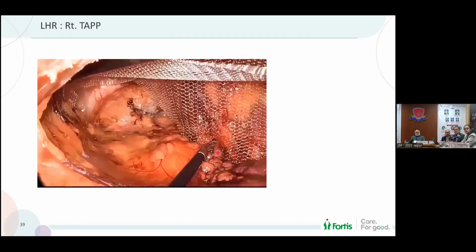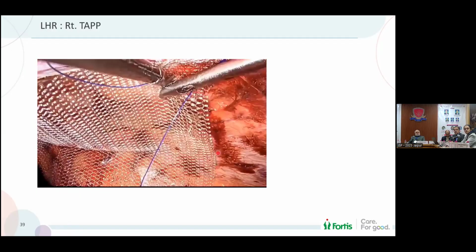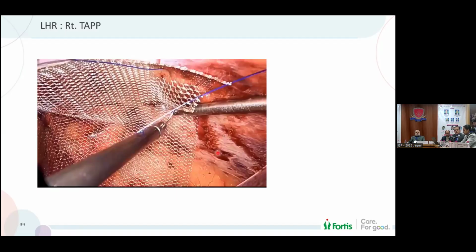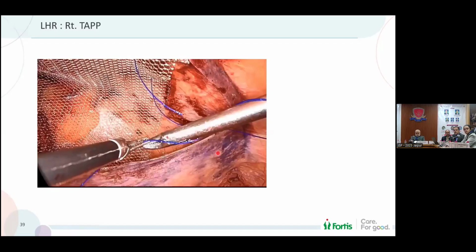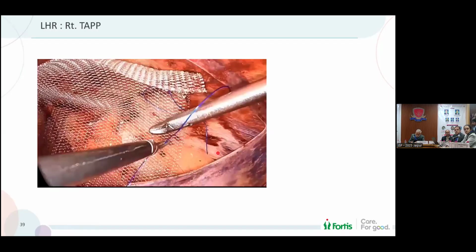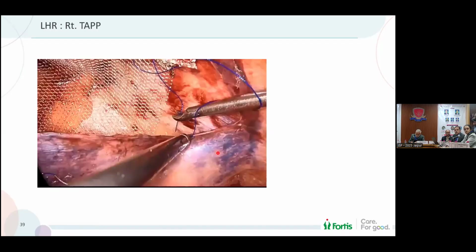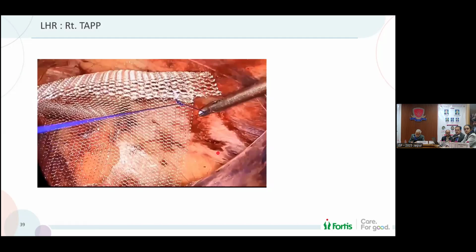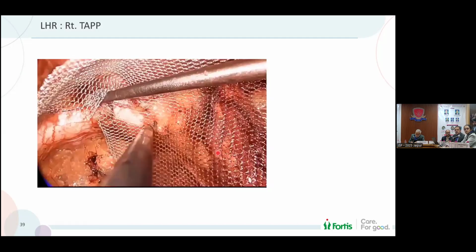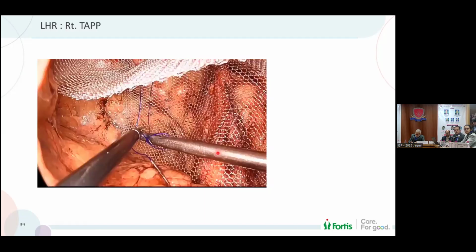And after that, we put the mesh covering all the potential sites for inguinal and groin hernia. And we can tag the mesh or fix it by sutures. Suture fixation is recommended nowadays because tackers produce sometimes nerve entrapment and chronic groin pain.